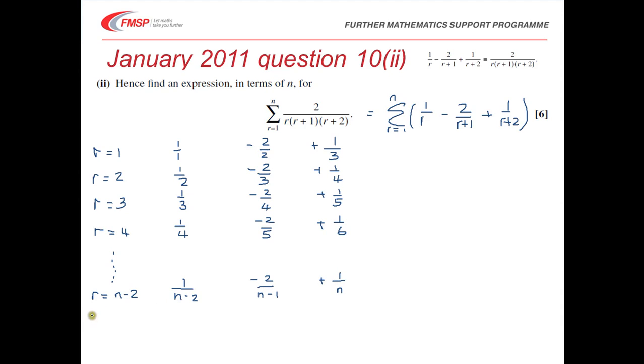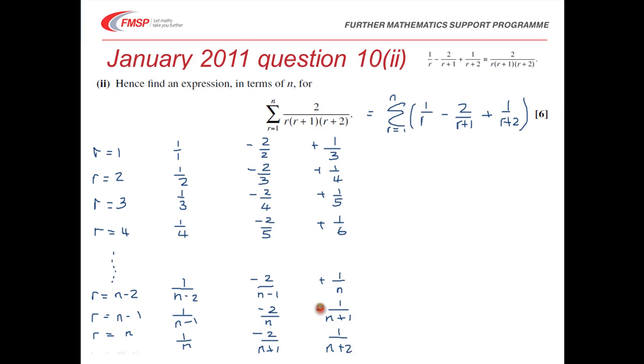And I'll do the same now for r equals n minus 1. So that'll be minus 2 over n, and that will be 1 over n plus 1. And then the last term, r equals n, will be 1 over n, minus 2 over n plus 1, and 1 over n plus 2.